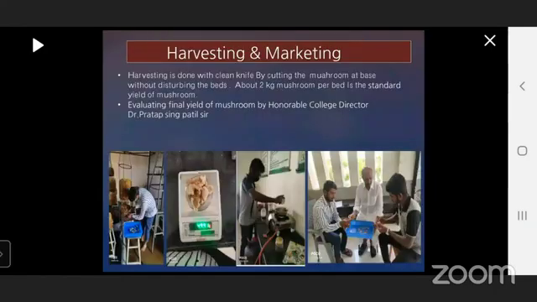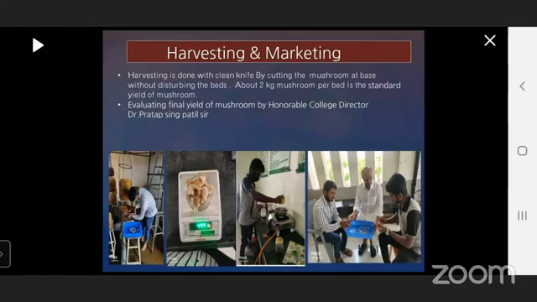After that, marketing is necessary. Fresh mushroom can be sold, but blanching is not necessary for marketing. After harvesting the fresh mushroom, we can carry it to the market and make packets. After cultivation, we make 125 gram packets, which means 4 packets for 500 grams, and each will be sold at 50 rupees per packet.